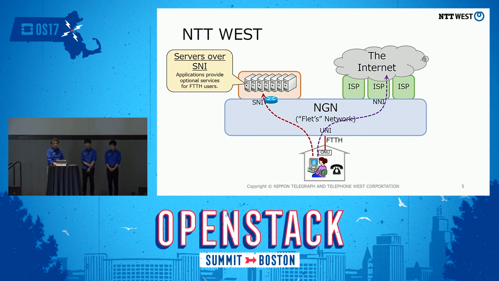And the NGN, Next Generation Network, exists as a core network to provide Flex service. And there is server platform in this NGN to provide optional services related to Flex. In addition to this server platform, there are many distributed server platforms for each application. But in this session, we only focus on this server platform.